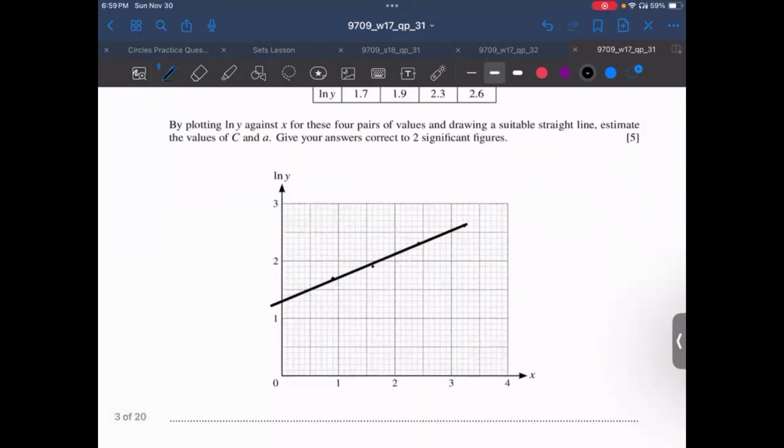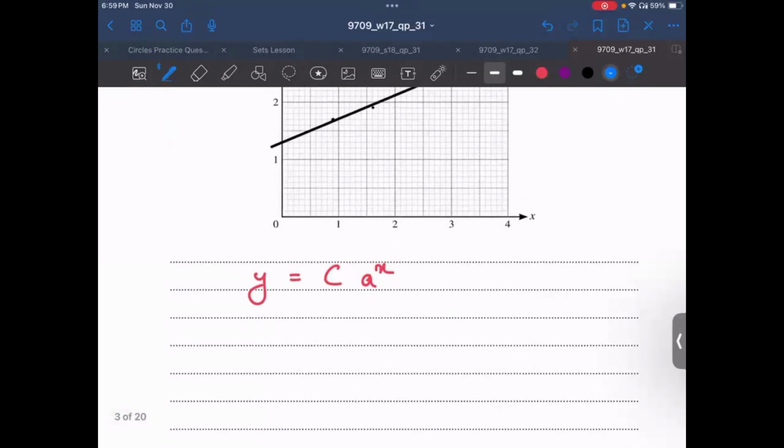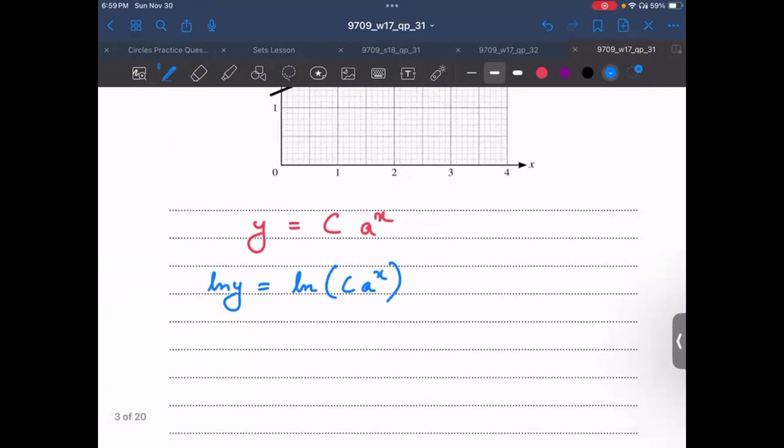Now the equation given is y = c·aˣ. So first we'll bring it in the form y = mx + c by introducing logs on both sides. So we'll have ln y = ln(c·aˣ). Now applying basic rules of logs, we'll write it as ln c + ln(aˣ).